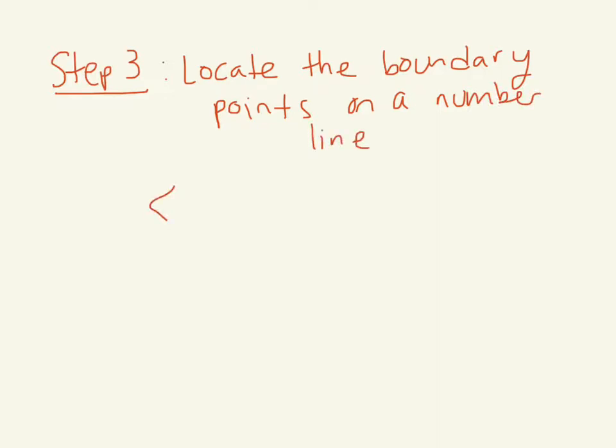Okay, so let's draw ourselves a nice number line. I know I need to get to negative 3 and 5 halves, so 5 halves is really 2.5. So I'll go out to negative 3 here, here's 0, here's positive 3.